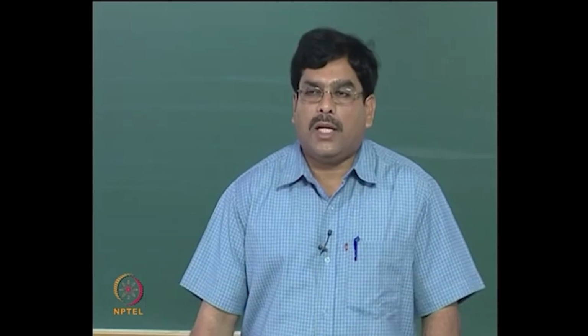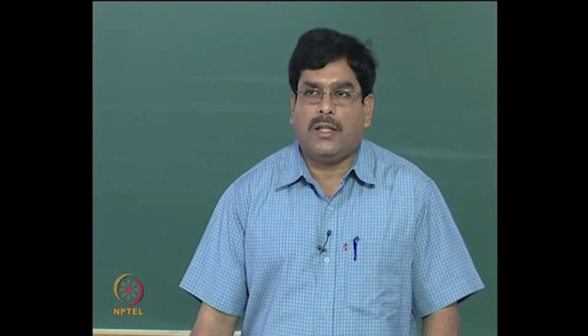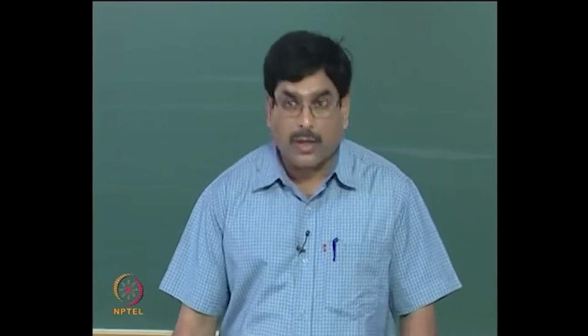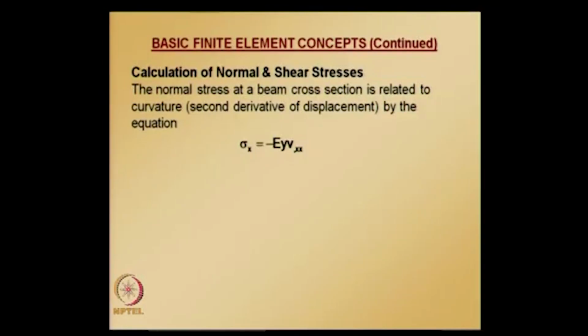We obtained that, and using small deformation assumptions, from that displacement u we got strain, and using Hooke's law, we related strain to stress through the material property Young's modulus, and that is how we got this equation.